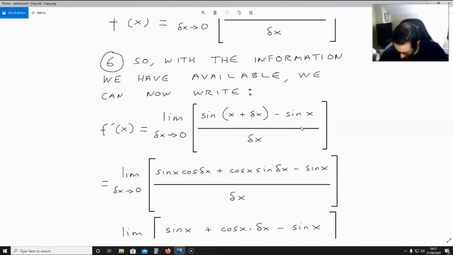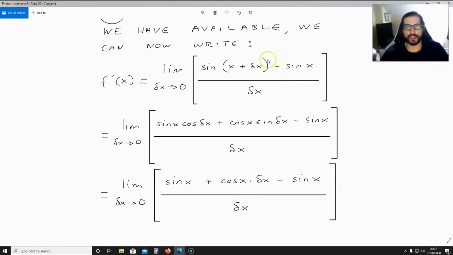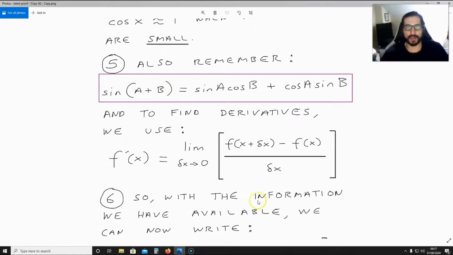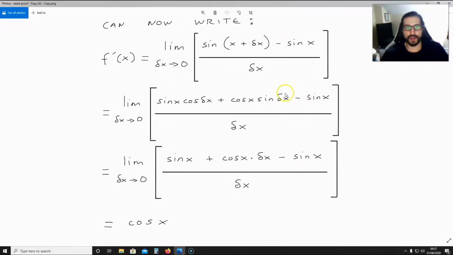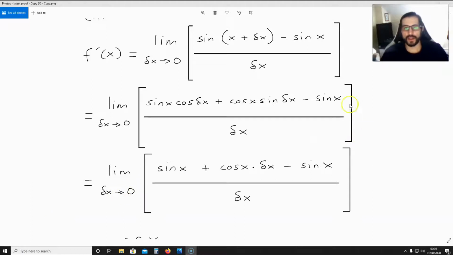If we use the compound angle formula, which I described up here, what we end up with is this right over here. So we're close to coming up with our proof. This is the stage that we're at. Now we've got to transform a few things in this expression.